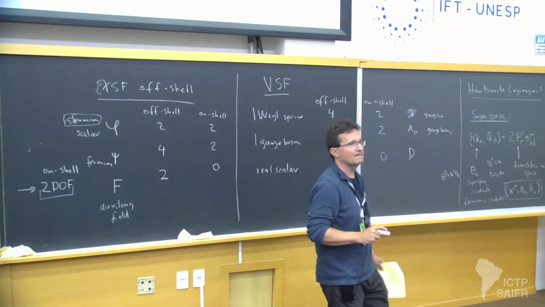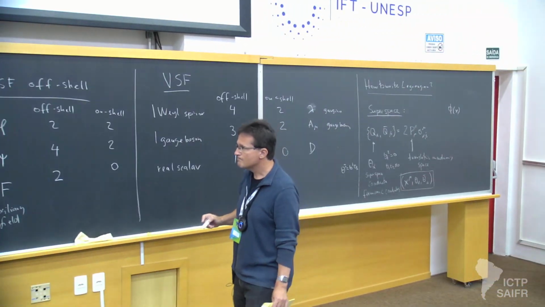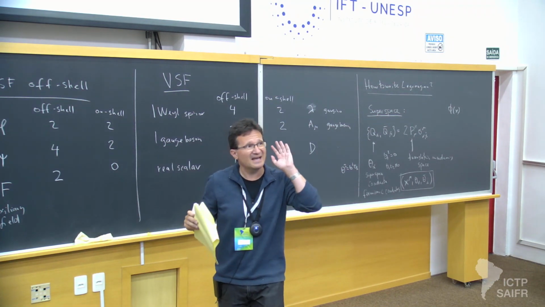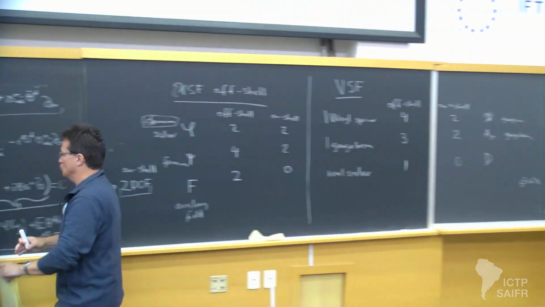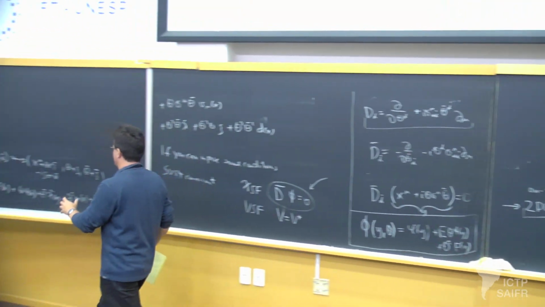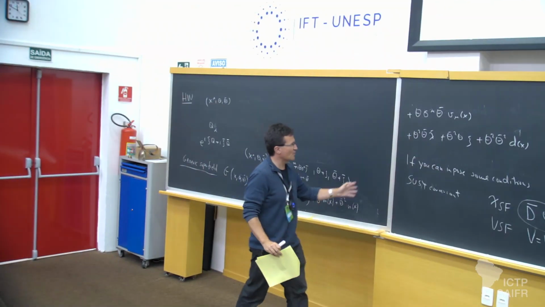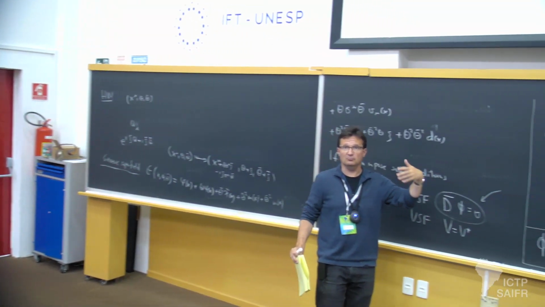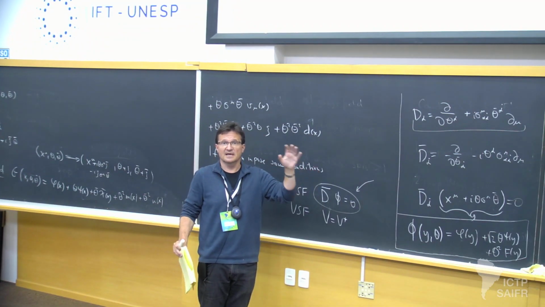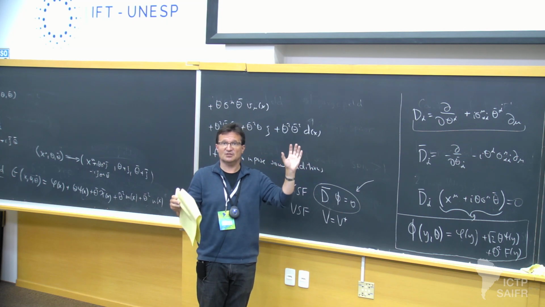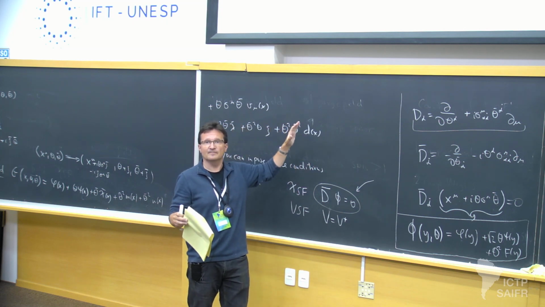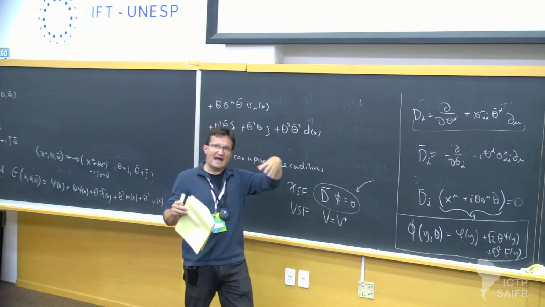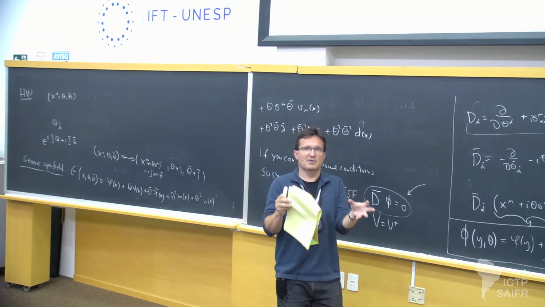Yes? What is the motivation behind this? So the motivation is that the generic superfield is fine, you can write a supersymmetric theory with it, but it clearly has too many things in it. So you want to find smaller building blocks.